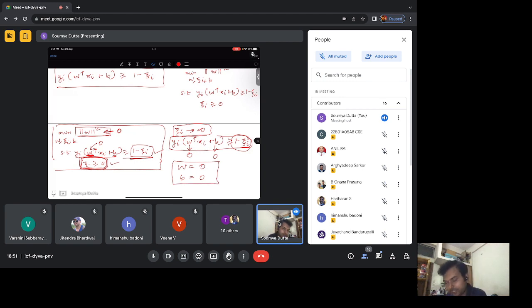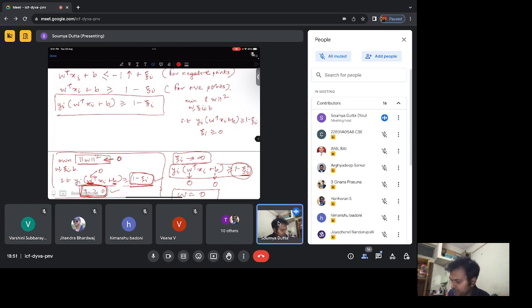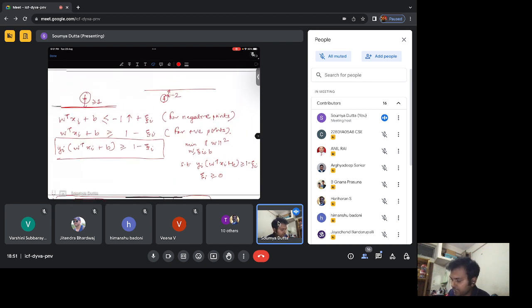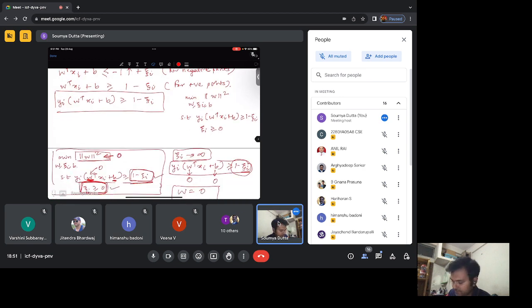Where we went wrong is, first, from the mathematical point of view, this term 1 minus zeta I cannot be arbitrarily small. You have to do something to stop it from becoming so small that w and b both go to 0. That is the first thing. The other thing is from an algorithmic point of view. Zeta I being positive means that you are accounting for more and more errors.